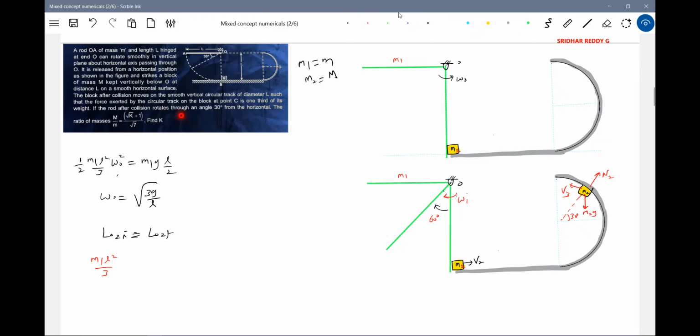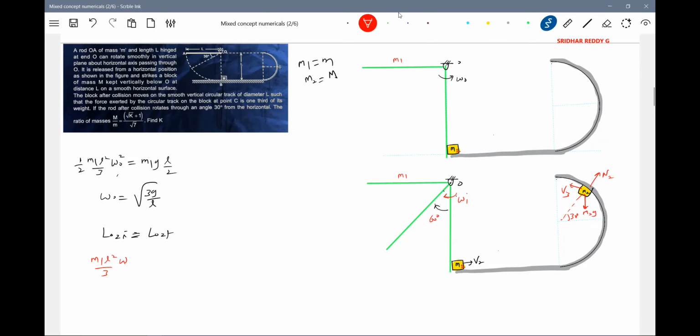Even in the diagram, he mentioned 30 degrees, so the diagram is correct, but the explanation should have been rotates to an angle 60 degrees from the vertical, because it will swing from here. Okay, let it be. I'll retain that one.